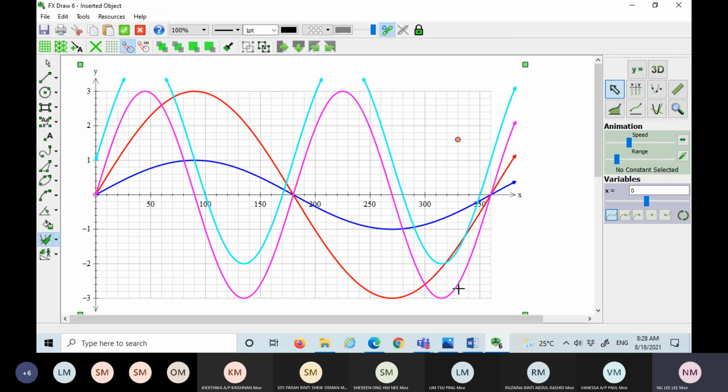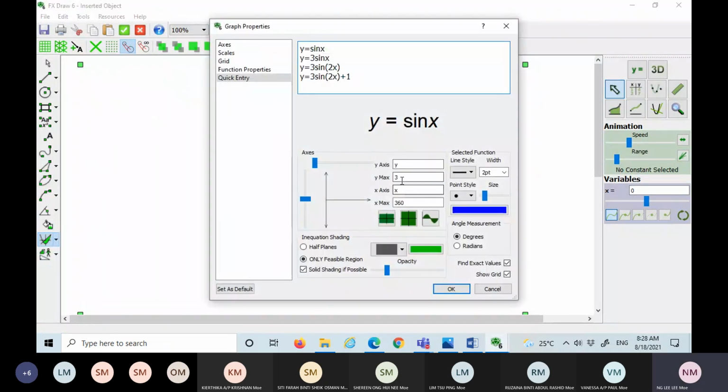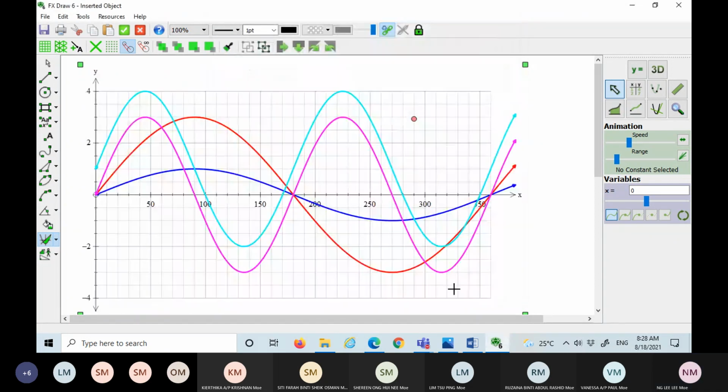You can see here, a little bit cannot see at this part, so I'm going to adjust the scale again, the maximum again, sorry. Just become 4. Now you can see the whole thing already. Light blue color.